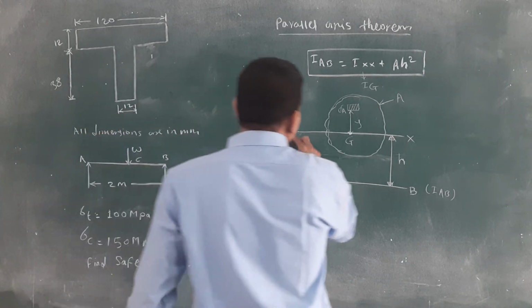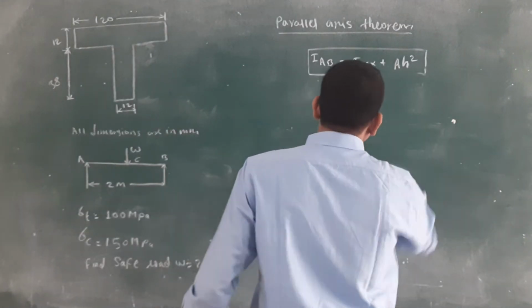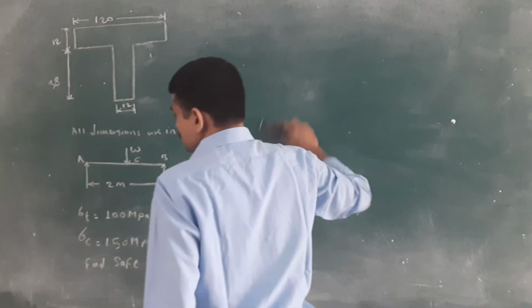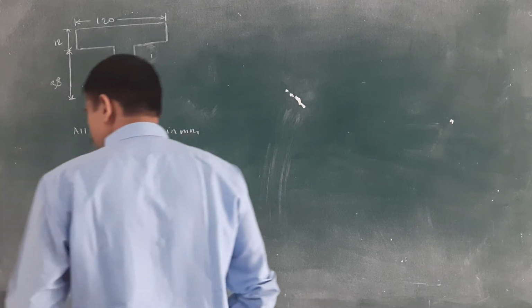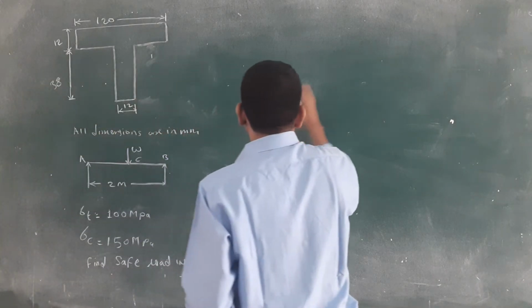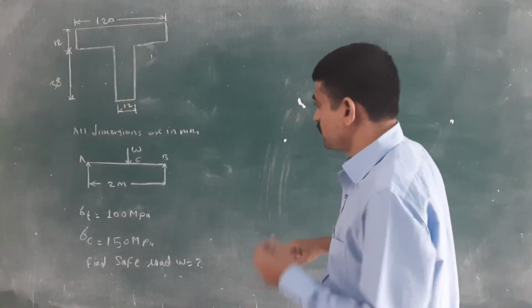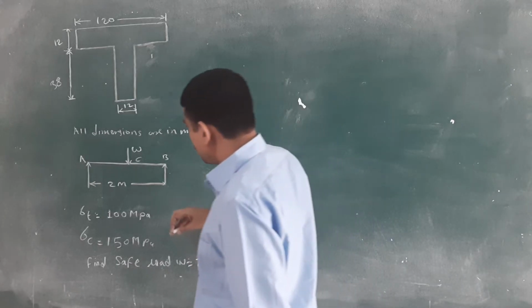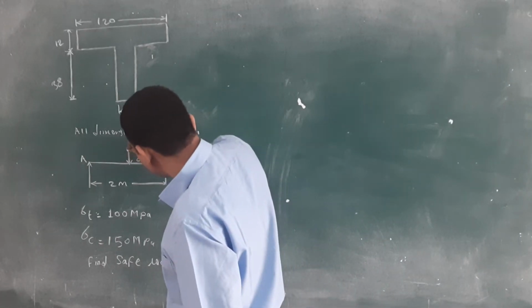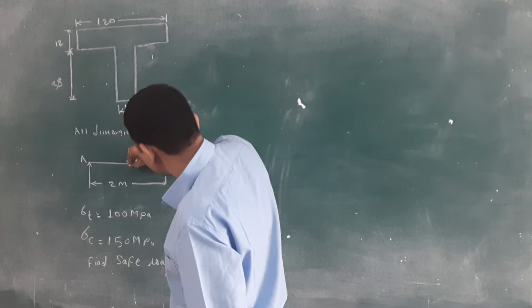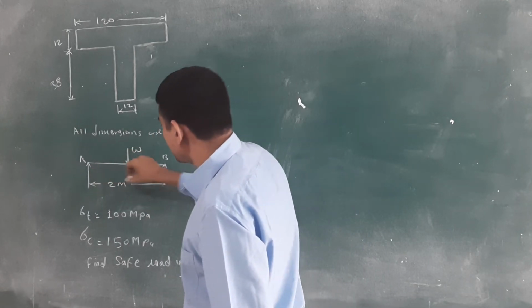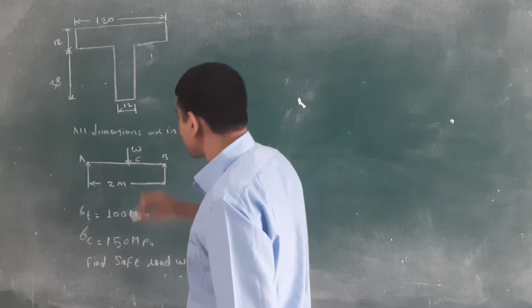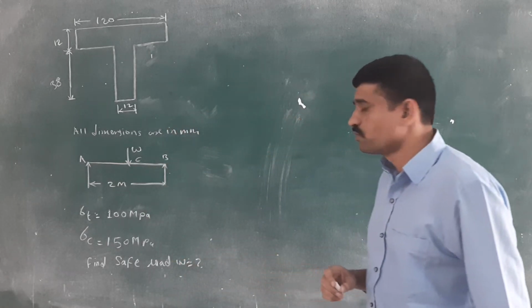Then how to solve? I have taken one example. See this example: a T section is given, on a simply supported beam. The load W is given at the center point C, and the total span is 2 meter.